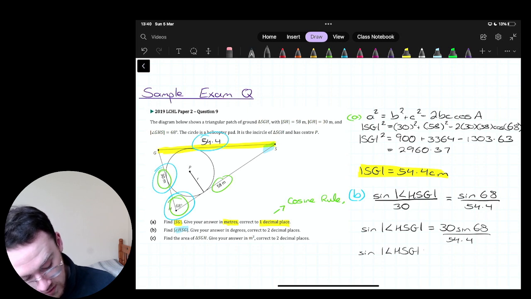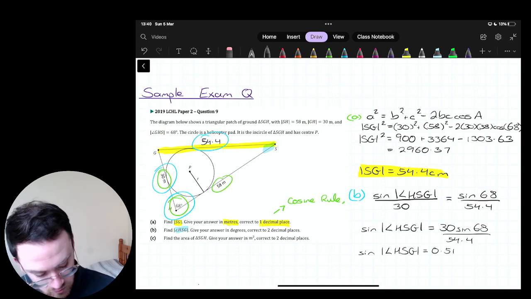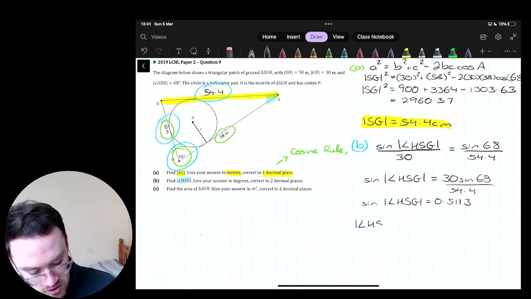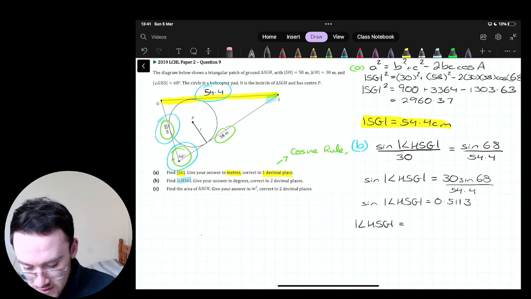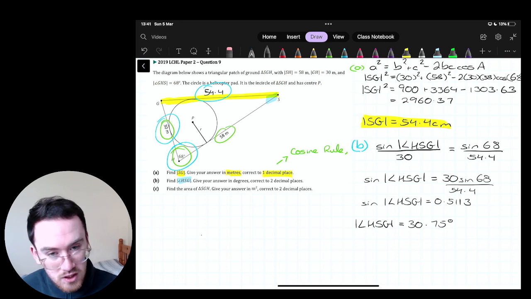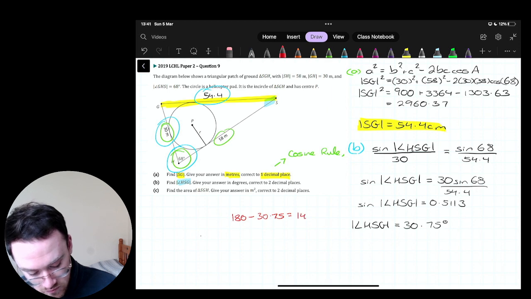Let's get that to a more normal looking amount. So 0.5113. Converting this now, we get that HSG is sine inverse of that, 30.75 degrees. If we were to look at the other option, we'll not write it out, it'd be 180 minus that, remembering the ambiguous case we had, which gives me 149 degrees.